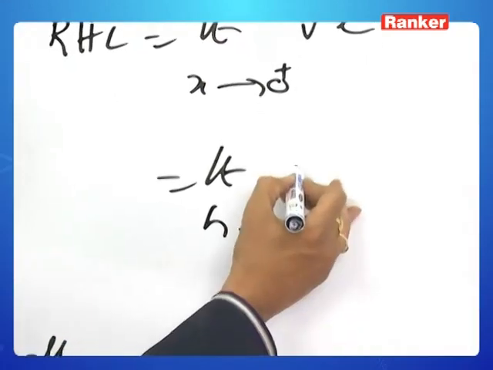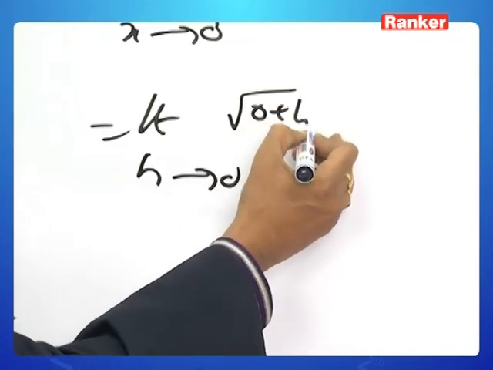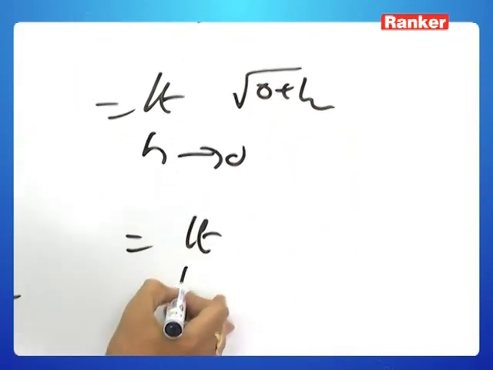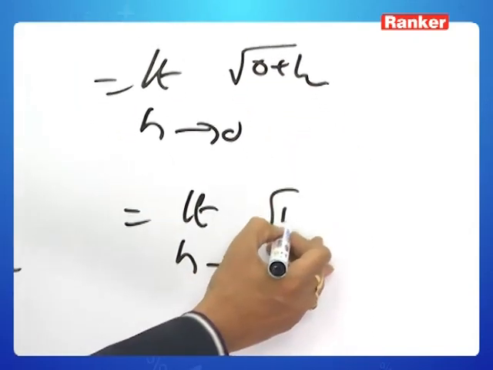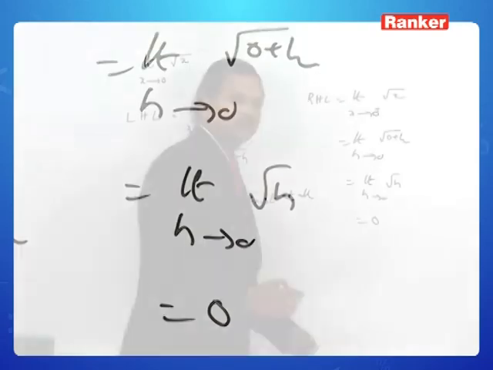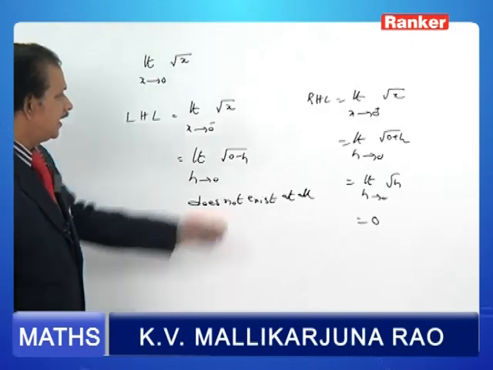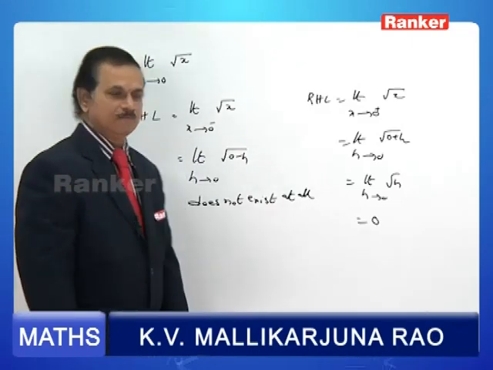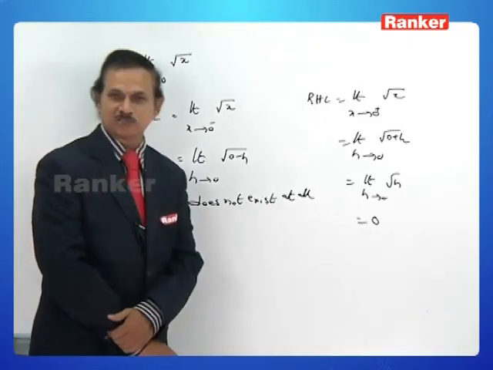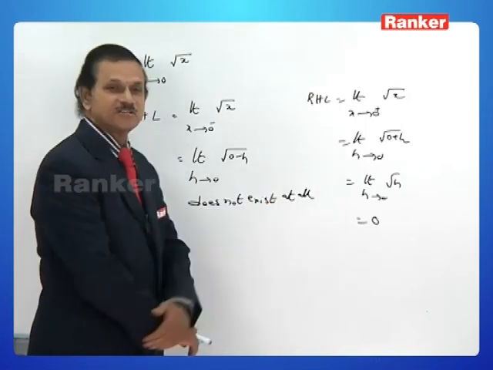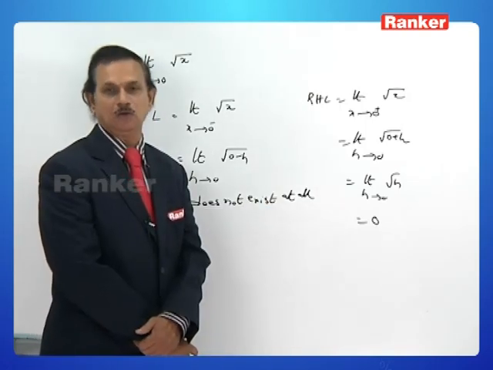Limit as h tends to 0 of root of 0 plus h is nothing but root h. It is 0. Observe the case here. For this function, the right hand limit exists, the left hand limit does not exist. Therefore, this limit does not exist at all.